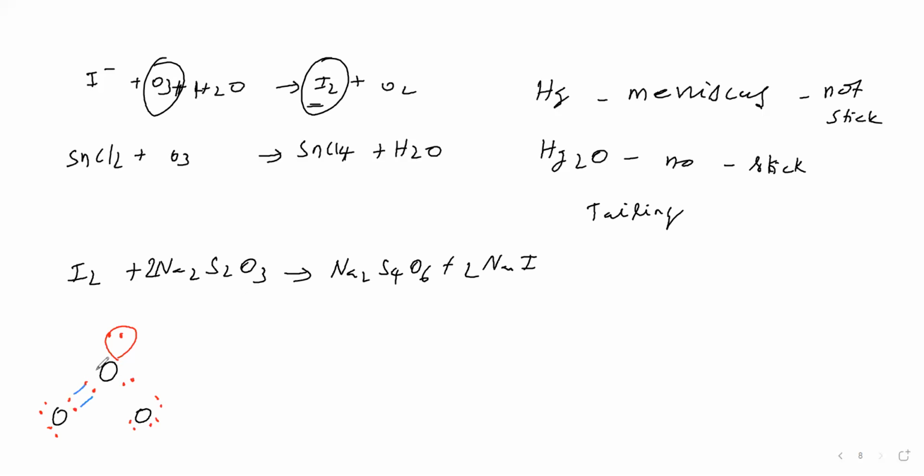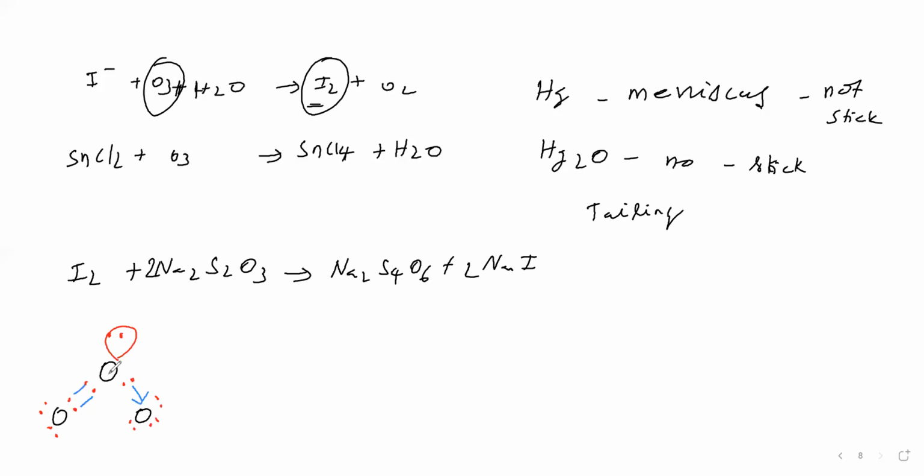This oxygen has only 2 unpaired electrons, therefore it can make two normal covalent bonds. This valence shell does not have any vacant orbital, therefore it will contribute this lone pair for dative bonding.